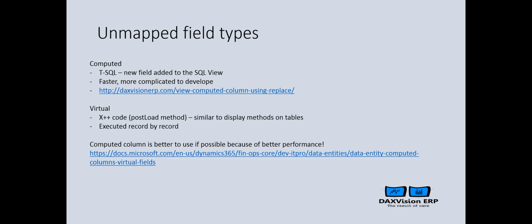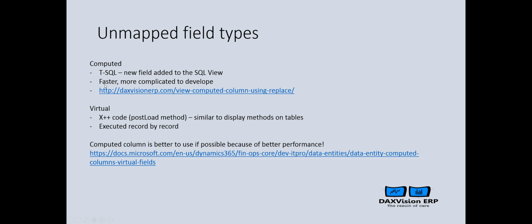But you can add also fields that are not physically present in the database, and you have two options. You can create computed or virtual fields. Computed fields are TSQL fields added to the SQL view. So it is physically there in the database.